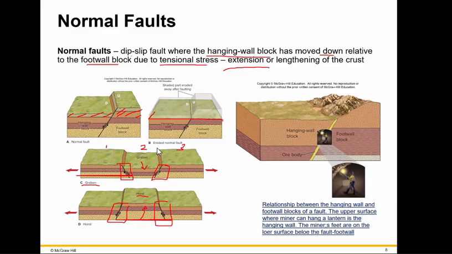But your job is to then figure out which of the blocks has moved up relative to the footwall or down relative to the footwall. All right. So all of this you want to represent on a map. And I believe my colleague will take you through that.